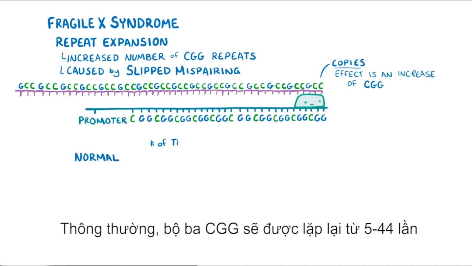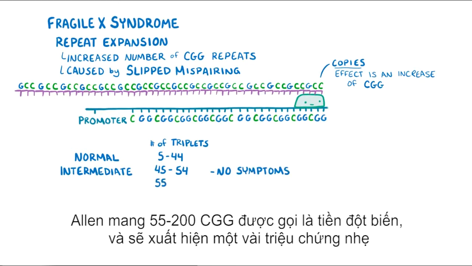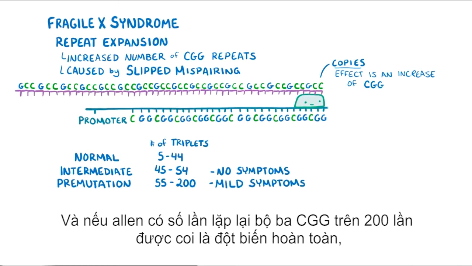The normal number of CGG repeats is 5 to 44. Alleles with 45 to 54 CGG repeats are called intermediate expansion alleles, and they don't cause any symptoms. Alleles with 55 to 200 CGG repeats are called premutation alleles, and they can cause some mild symptoms.